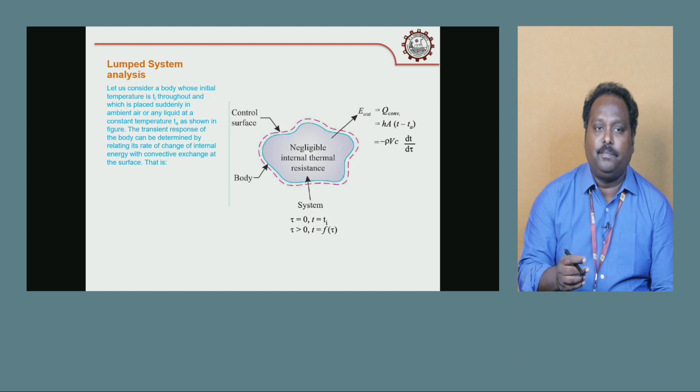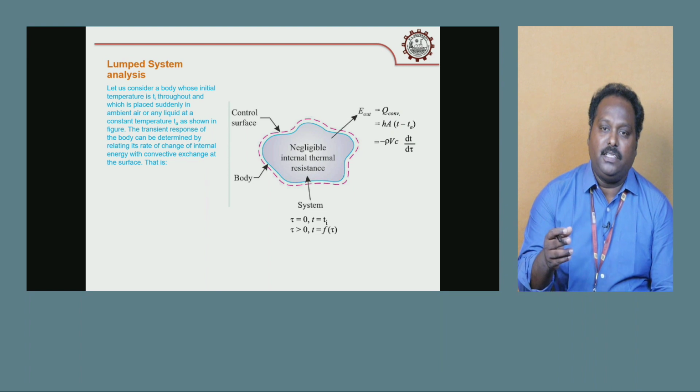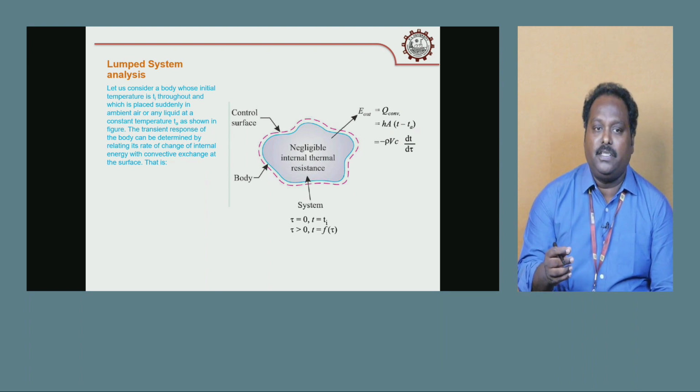Let us consider a body whose initial temperature is Ti throughout and which is placed suddenly in ambient air. Now you can see the diagram. We are assuming a body with negligible internal resistance, the initial temperature is Ti and the atmosphere temperature is assumed to be Ta.